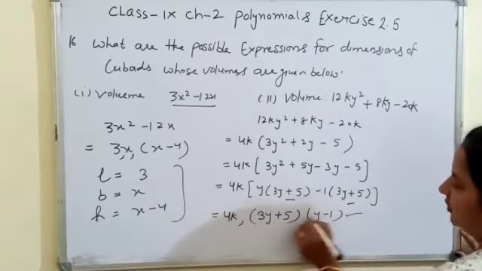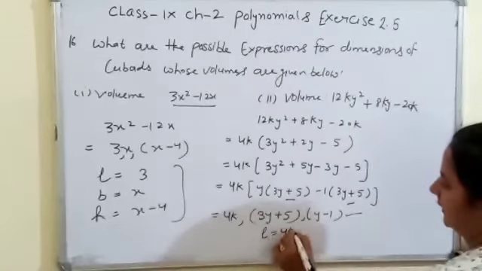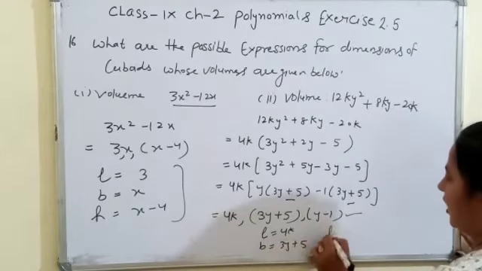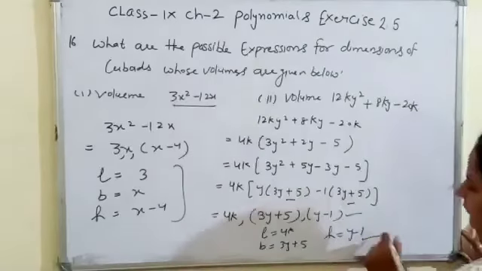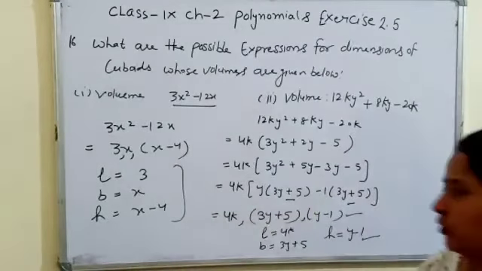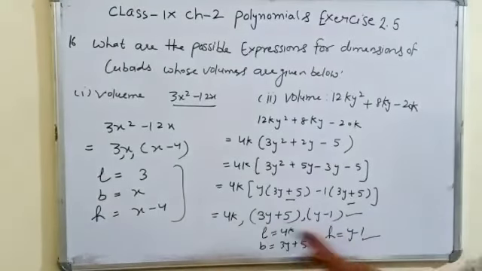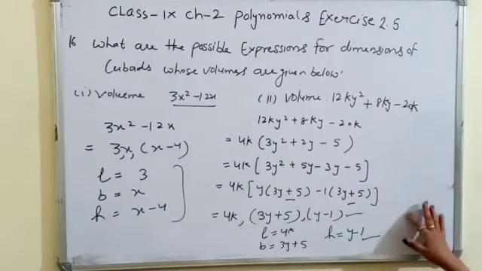So these are the three factors: length, breadth and height. These are the three dimensions for the cuboid. You can label them any way out of these three, length, breadth and height. The only main thing for this question is that your factorization should be right.